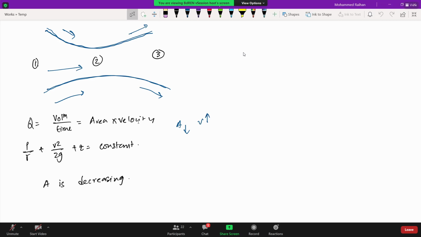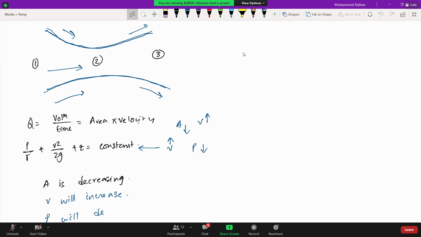So we can say that as area is decreasing, velocity will increase. So as the velocity is increasing, what will happen to the pressure in this equation? It will decrease. Pressure will decrease.